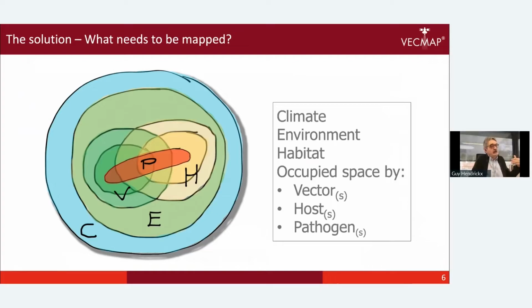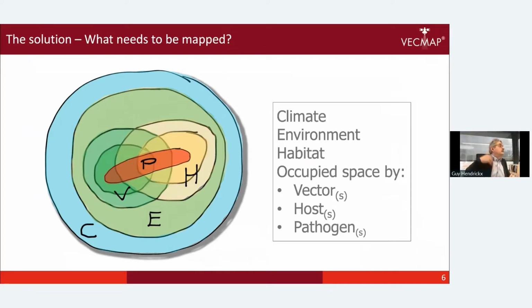You do have some exceptions, of course, like in any classification. But it is quite clear from here that environmental variables are going to be pretty good to map vectors, eventually also to map hosts. It's already going to be a bit more complicated to map where hosts and vectors meet.